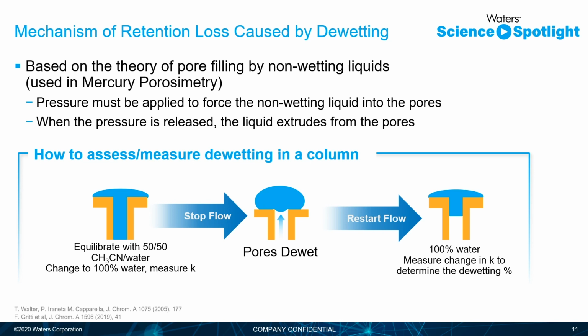And if the pores are very hydrophobic, they can de-wet or actually push the mobile phase out of the pore. We then restart the flow in the 100% aqueous mobile phase conditions, and we once again measure the k prime. And we're able to compare this post k prime versus the initial k prime to get a percent change in retention or a percent de-wetting.